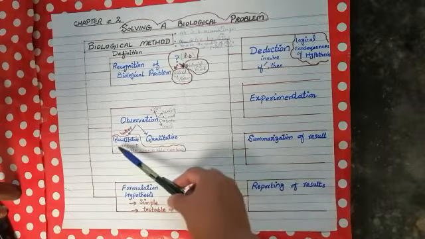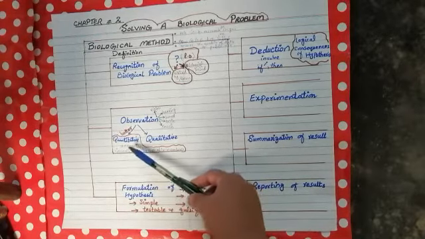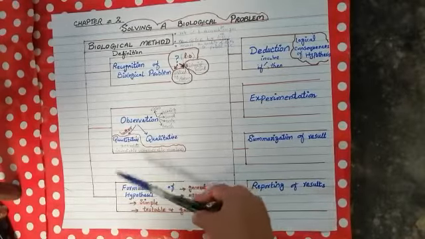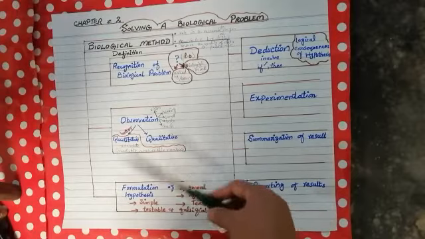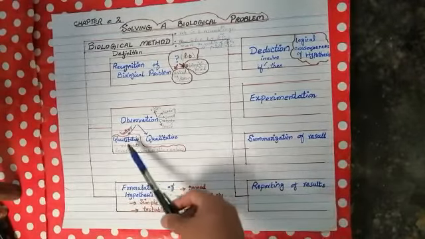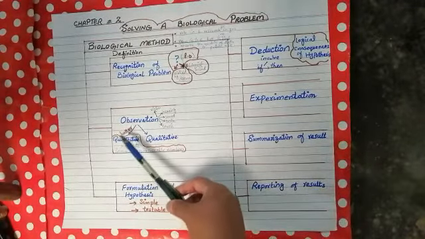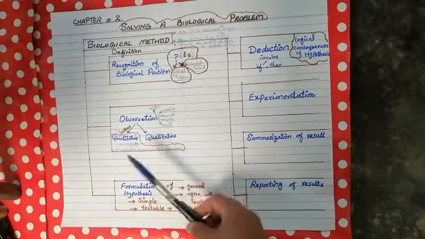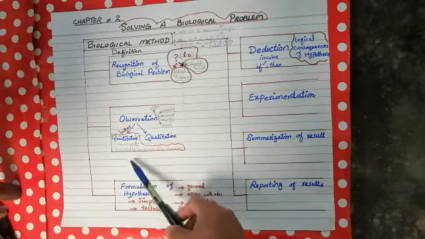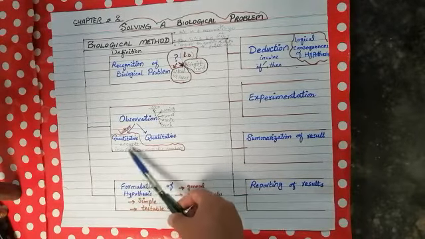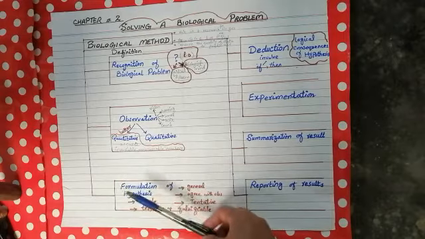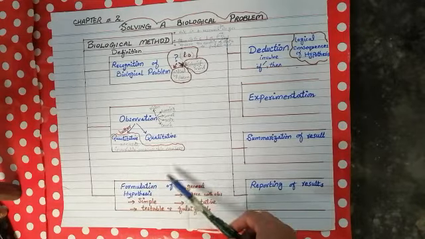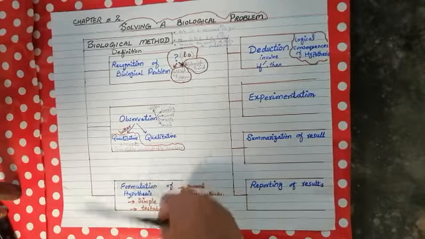But quantitative observations are accurate, invariable, measurable and in the form of numbers or figures. So, the quantitative observations are much better than qualitative. Why are they better? Because they are measurable. They give a fixed measurement. They are in the form of numbers. They are invariable. They cannot be changed.